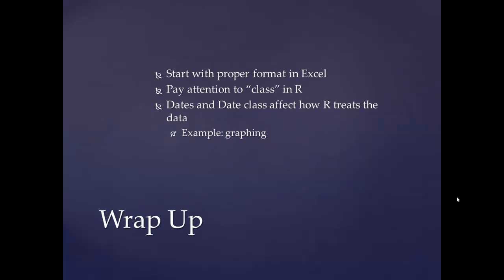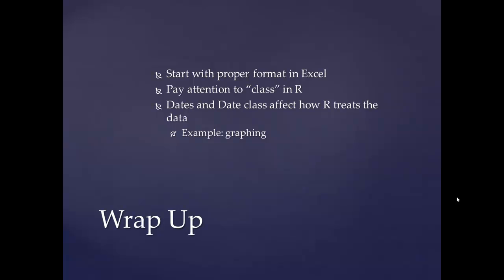Okay, and that's it. So in conclusion, remember how we did this. We first started with the proper format in Excel, and that took a few steps, but ultimately you can make that the default format. Then when you read the data into R, you need to pay attention to the class or the type of variable that R puts your date data into, and you need to make sure that that is treated as date data.